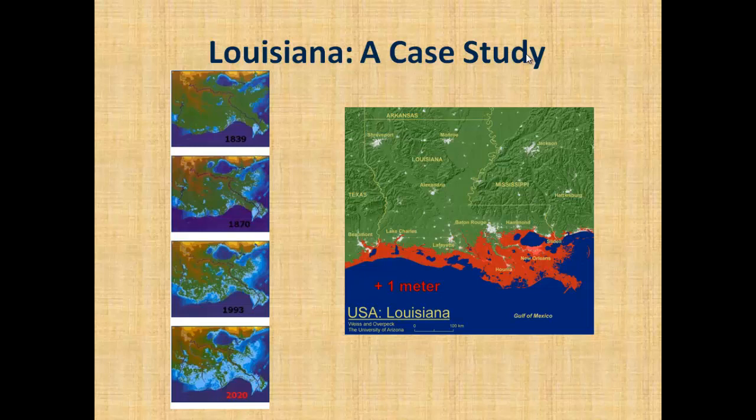So Louisiana's coastal wetlands represent 40% of the U.S. wetlands. So a little less than half of the entire U.S. wetlands exist in Louisiana. And 80% of them have been lost already. These wetlands extend 130 kilometers inland and 300 kilometers along the coast. That's a lot of wetlands.